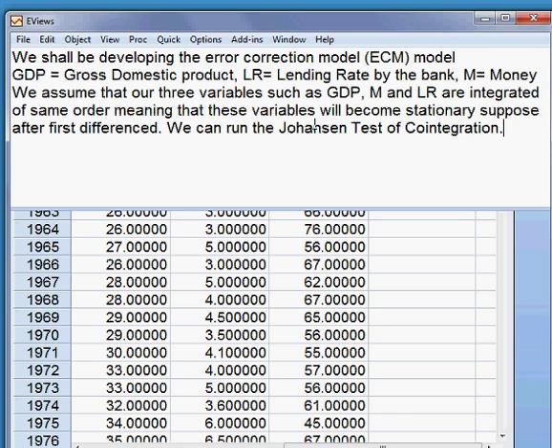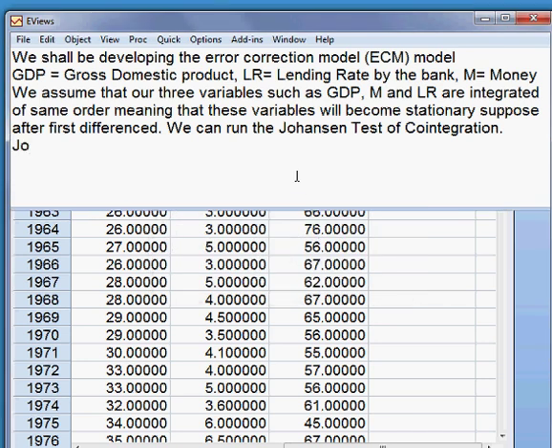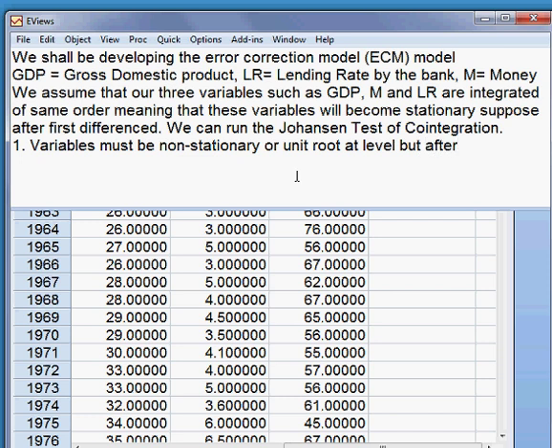The number one condition for the Johansen test of cointegration is that variables must be non-stationary, or have a unit root, at level.